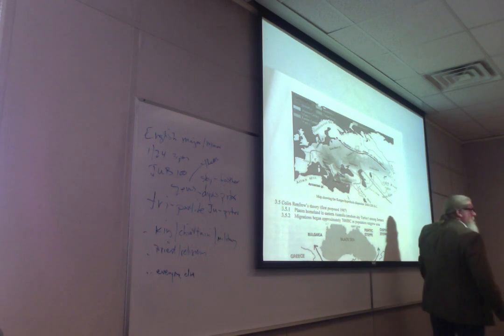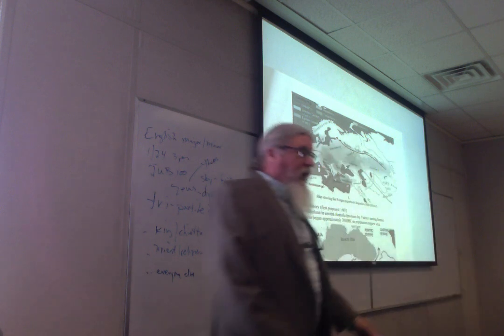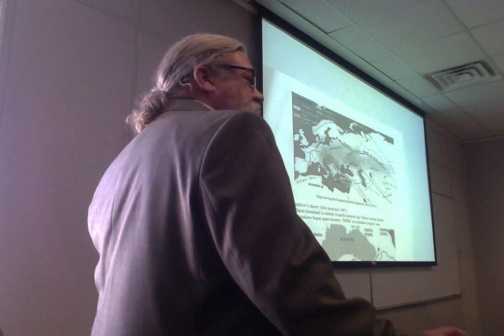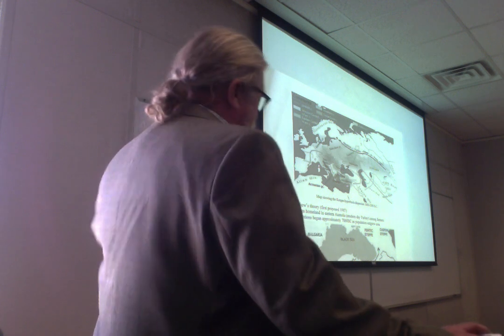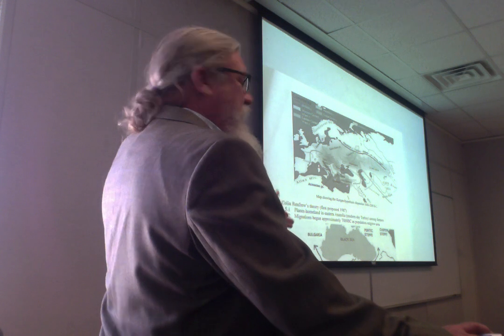The reason it's hard to explain is because Tocharian, one, shouldn't exist there, and two, on the basis of where it occurs, it doesn't look like it should be related to the languages it's related to.